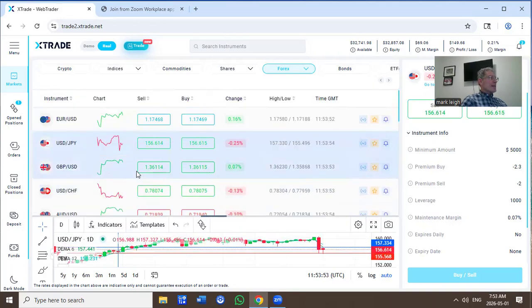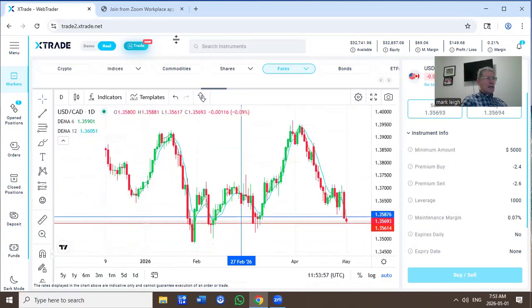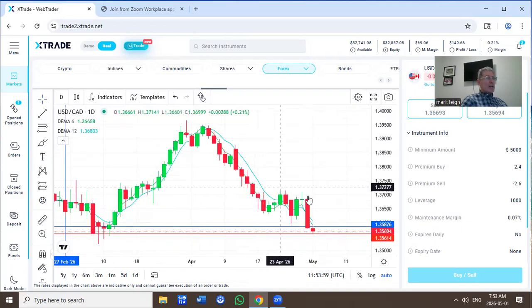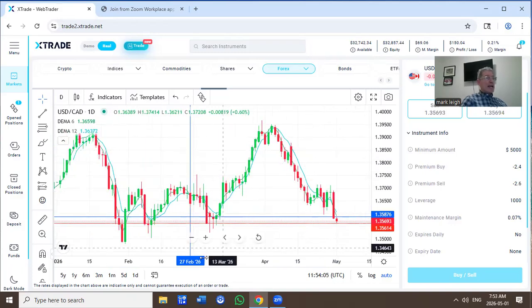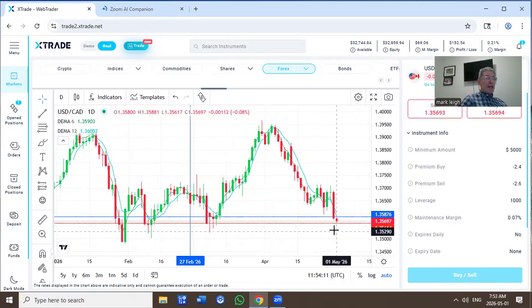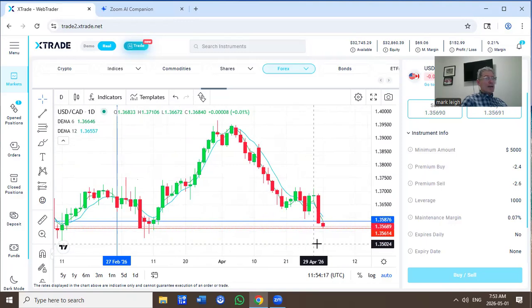US dollar against the Canadian. There's the strong move lower yesterday, selling US dollar, buying Canadian. We've seen strong Canadian testing the support level since February, hasn't been able to break below as yet. We'll see whether sellers can break below the 135.61, the current support level.